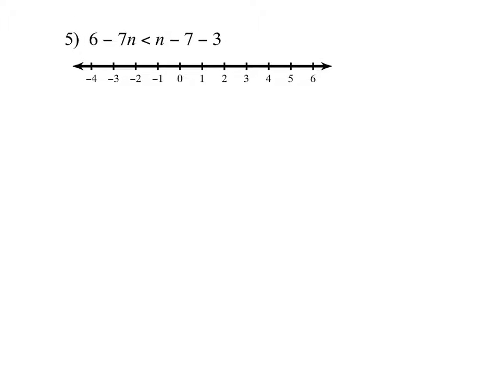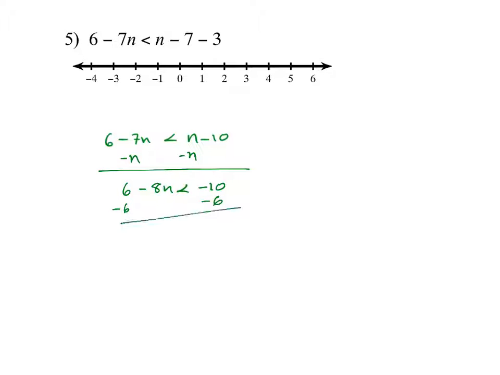Now, I'm going to start in this one by simplifying 7n less than n minus 10. So now I'm going to subtract n on both sides. So 6 minus 8n is less than -10. Now I'm going to subtract 6 on both sides, so -8n is less than -16. And now I'm just going to divide by -8.